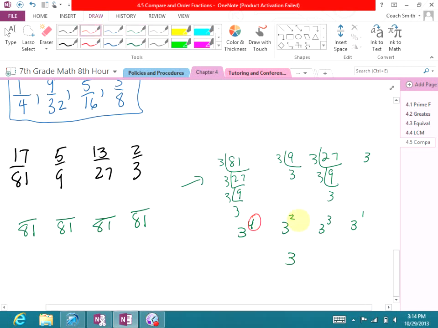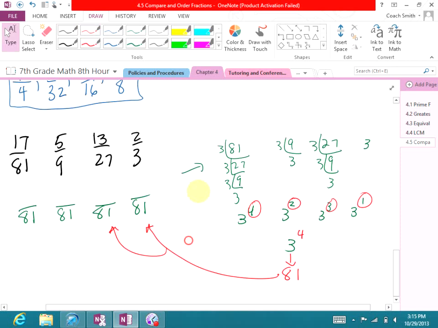So I got to use 3 to the 4th. 3 to the 4th power is 81. That's where I get the 81. If you don't see it, that's how you have to do it. That way works every single time, if you do the math right, obviously.